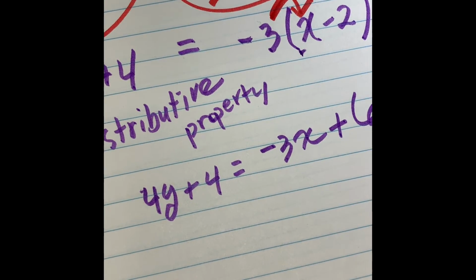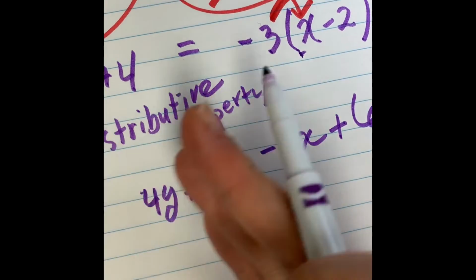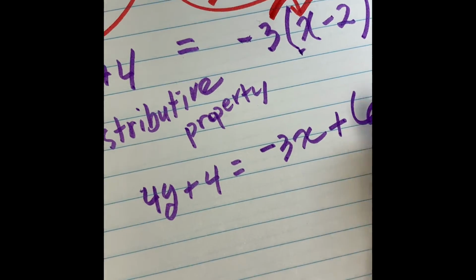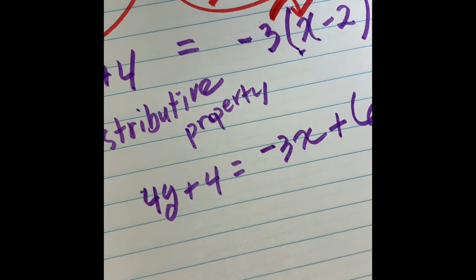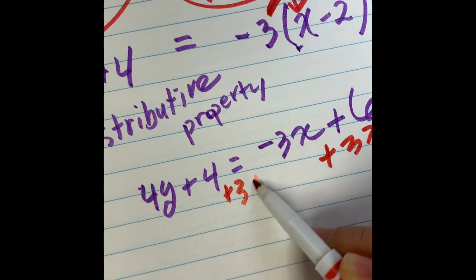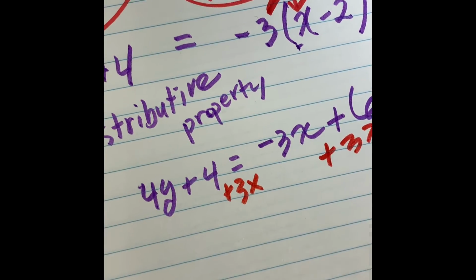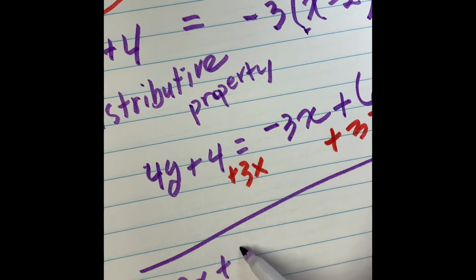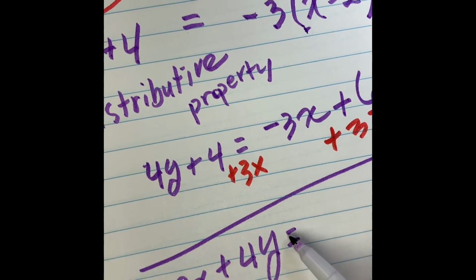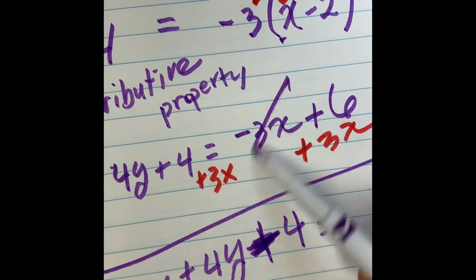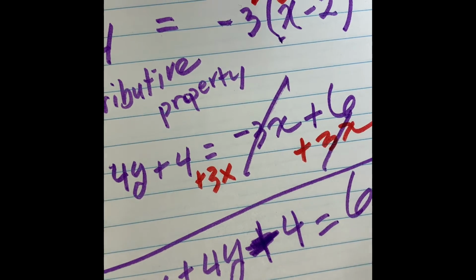Excellent. And now I want the x's on this side, x and y on one side and all the constant numbers on the right side. So I add 3x. Then what do I get? 3x plus 4y plus 4 equals 6. Then what do I do?